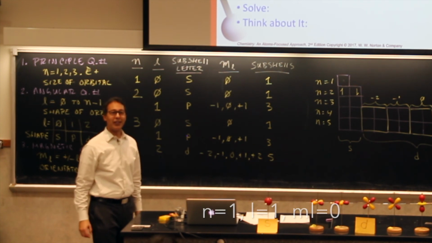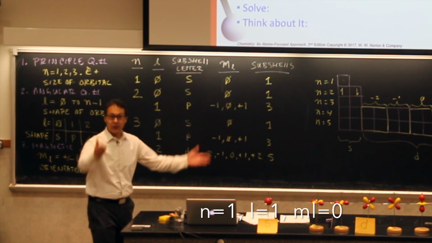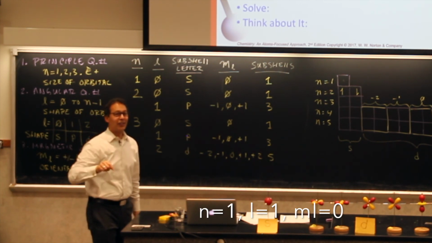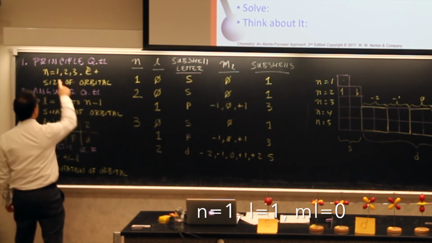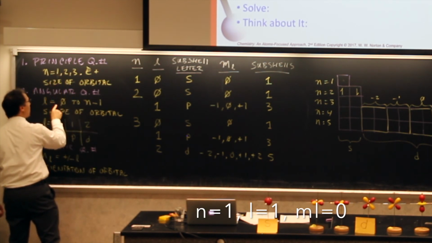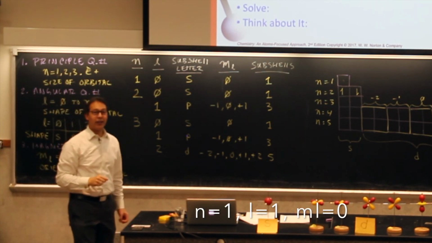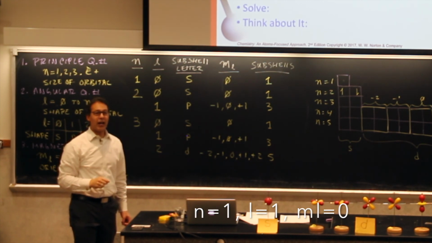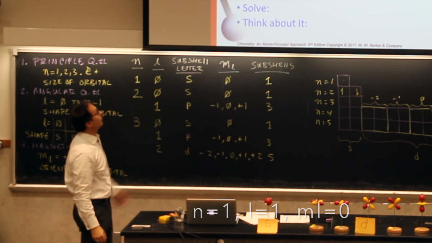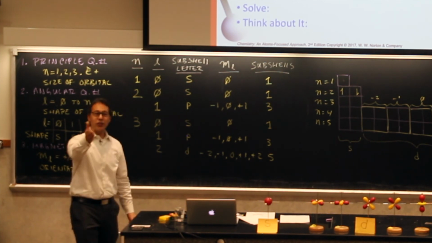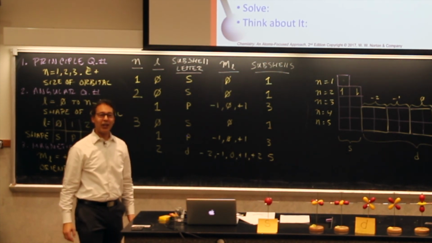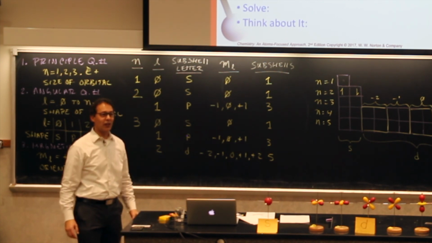And if n is equal to 1, can l be equal to 1? No, it cannot, because it has to be less than n. So that very first one doesn't work. Nicely done. You saw through that. That'd be a great test type question.